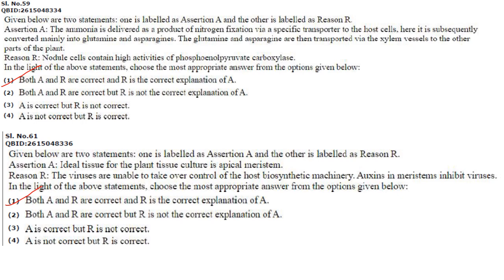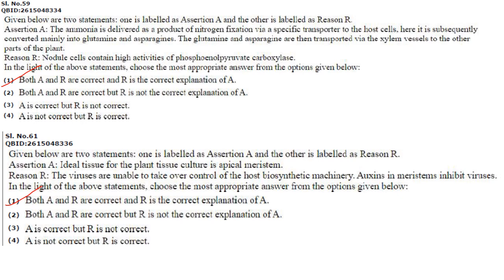Given below are two statements. One is labeled as assertion A and the other is labeled as reason R. Assertion A: The ammonia is delivered as a product of nitrogen fixation via a specific transporter to the host cell. Here it is subsequently converted mainly to glutamine and asparagine.